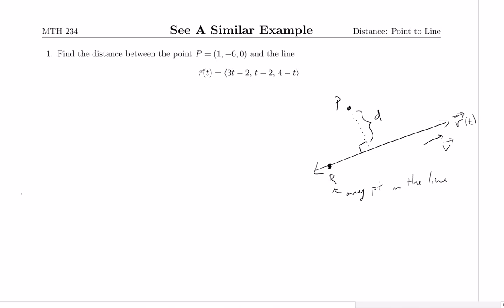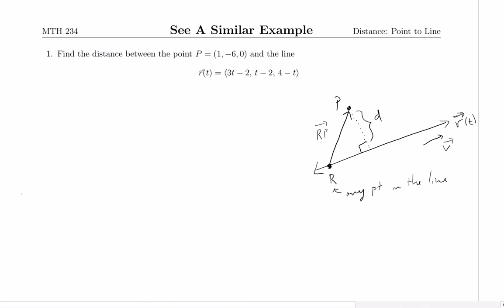So you might start to think maybe we can use some sort of trigonometry. It almost looks like there's a right triangle here. Just haven't drawn the hypotenuse, so let's draw it as a vector. So this would be the vector RP.